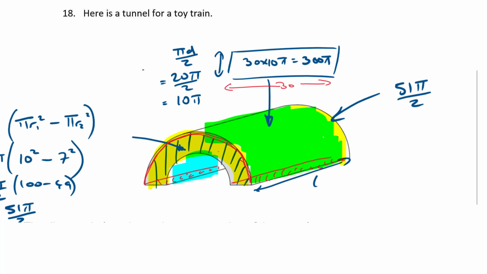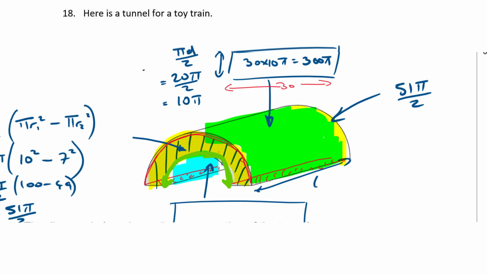We're getting there slowly. So what about the blue part? Okay, so that's the other curved surface, and it's made up of a rectangle again. This time the rectangle distance around here is going to be half the circumference of the smaller circle. So if you remember, the smaller circle had radius 7, so it has diameter 14.